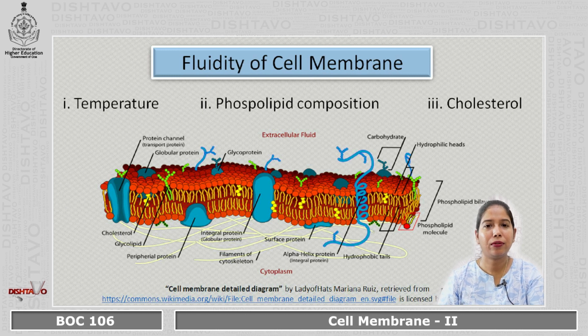Next we come to the fluidity of the cell membrane. This fluidity is based on three factors. First is the temperature, followed by the phospholipid composition, and third is the cholesterol. The fluidity of the membrane, the optimal value of which is a prerequisite for normal cell growth and function, depends on the lipid composition and temperature.